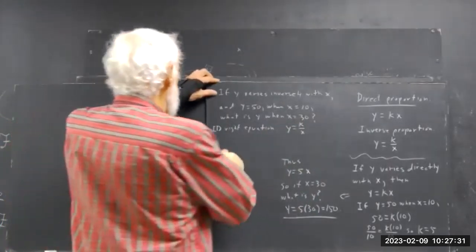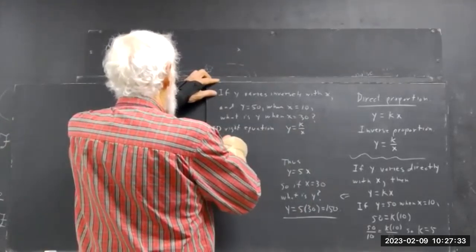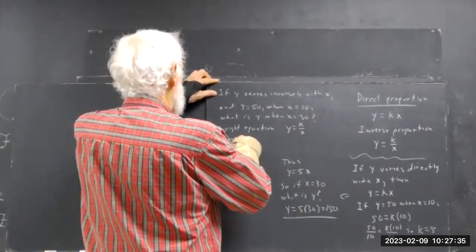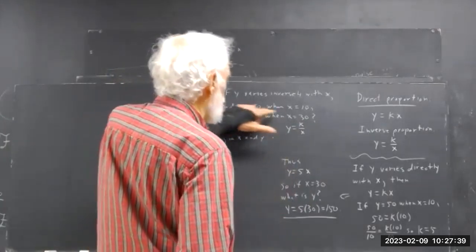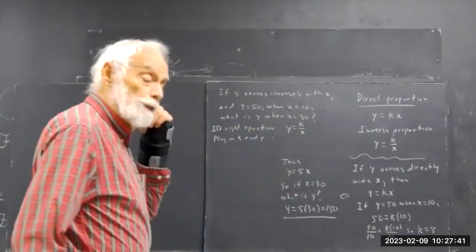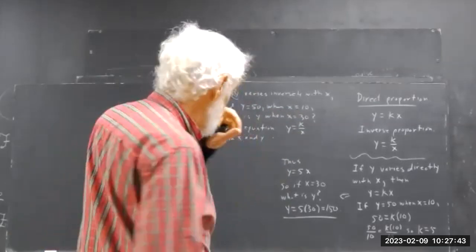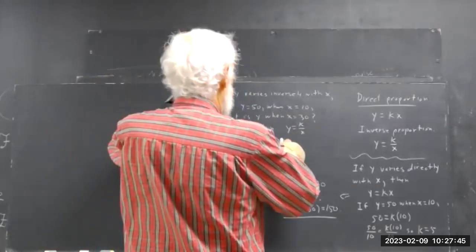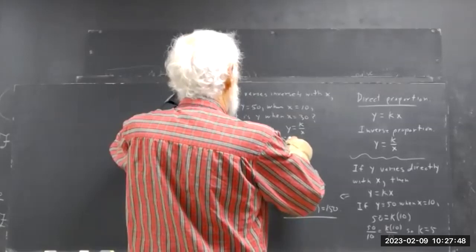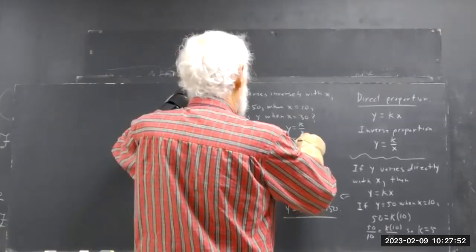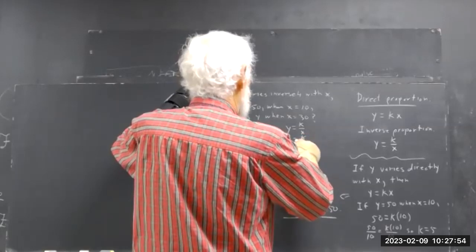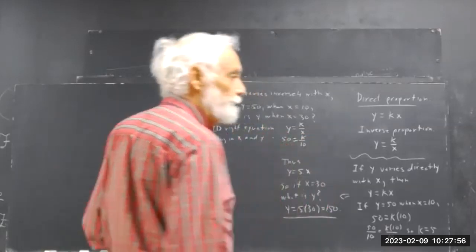Then plug in the given pair of values, the x, y values. And that gives you then 50 equals k over 10.